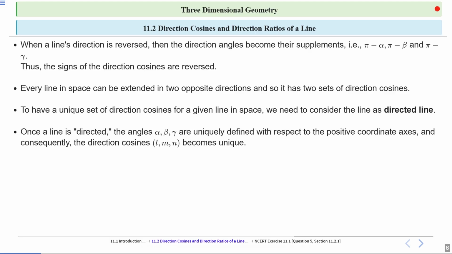Once we have chosen a direction for the line, or made it a directed line, the angles alpha, beta and gamma are uniquely defined with respect to the positive coordinate axes, and consequently the direction cosines l, m, n become unique.